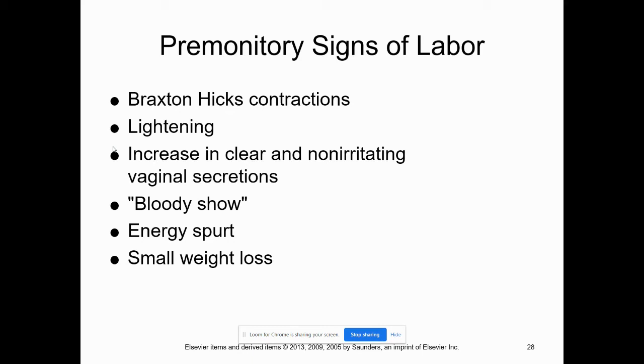That's an early sign that we're getting close to labor, a little burst of energy to fix the nursery or to handle a remodel. That comes when it's pretty close time to labor. Also, the women will experience a small weight loss, about 1 to 3 pounds. That's from the change in estrogen levels. They lead to increased fluid excretion.